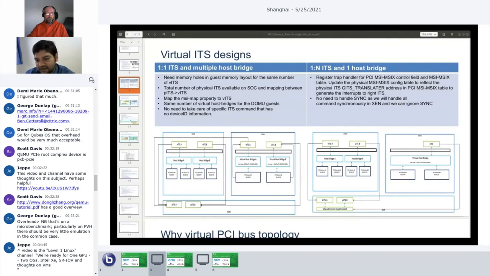The other design is that we create only one virtual ITS, and that will be mapped to all the physical ITS. But in that case we need to trap the PCI MSI-X control and MSI-X table and configure the real physical ITS after trapping into Xen. Yeah, I thought I would discuss with the community which is the better design to go with.